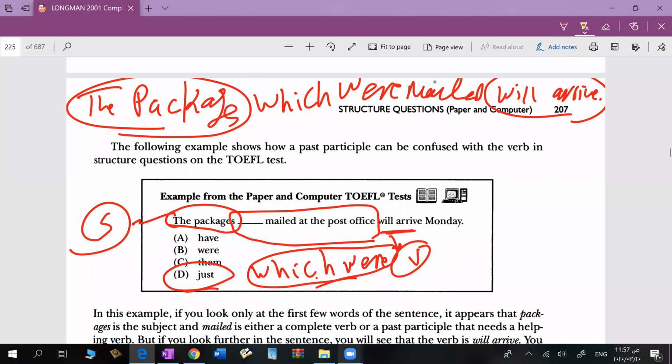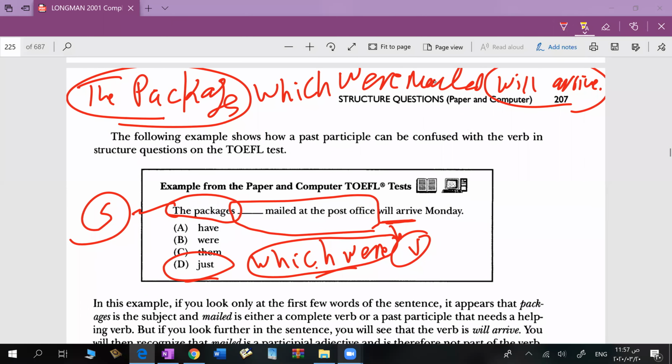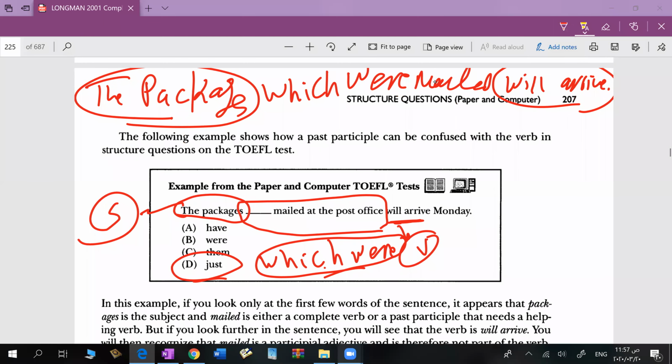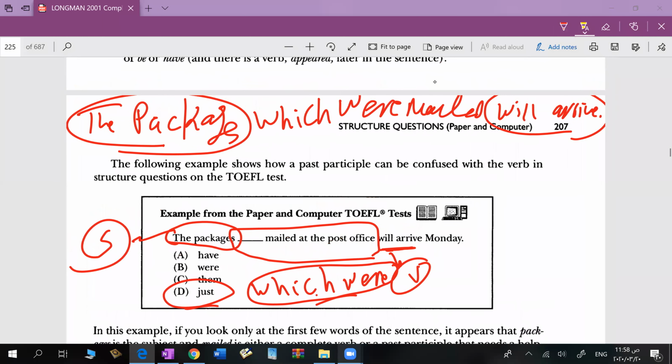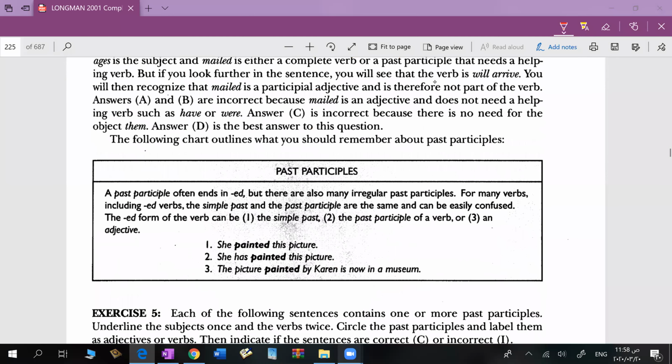And we have a relative clause, which were mailed, and it can be reduced into mailed. Clear? Yes, clear.